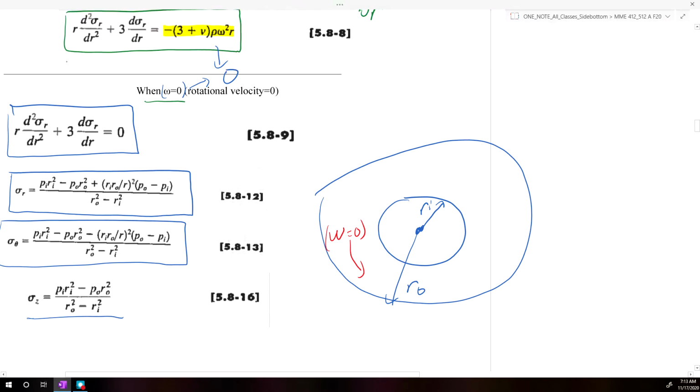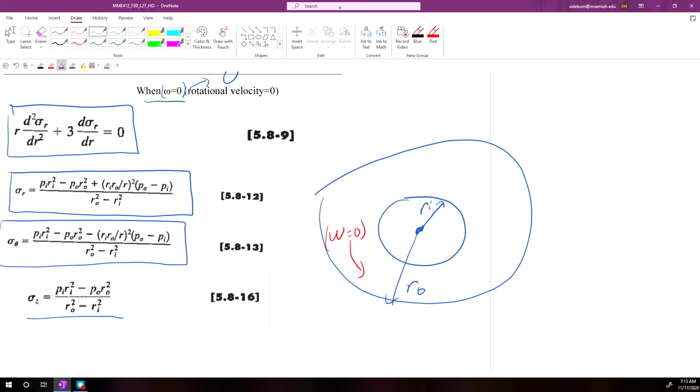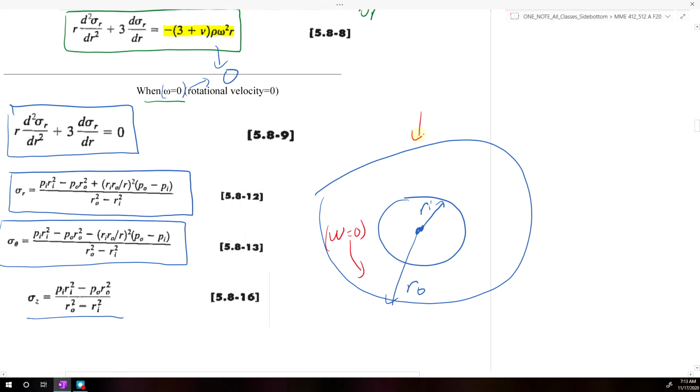We also had the external loads, so we could have an external pressure on the outside of our cylinder, and we could have the internal pressure within our cylinder.